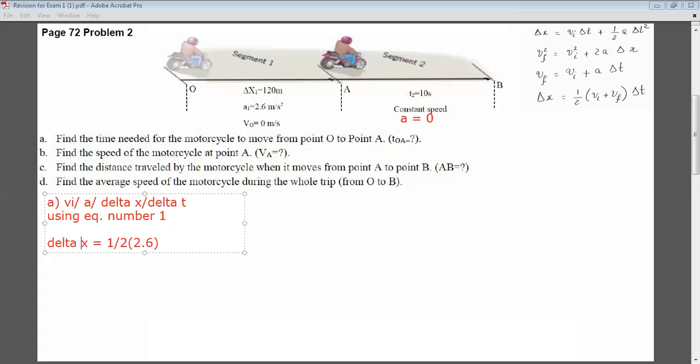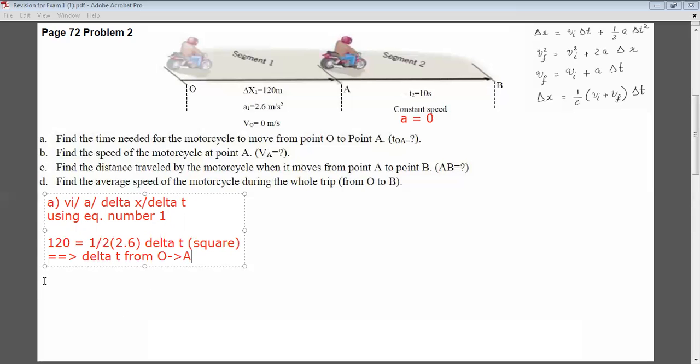Okay, instead of delta x, I will put its value, it's 120. Delta t squared. Okay. So from here, I get delta t from O to A.